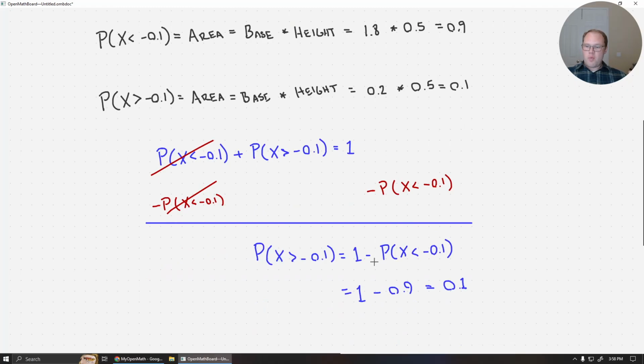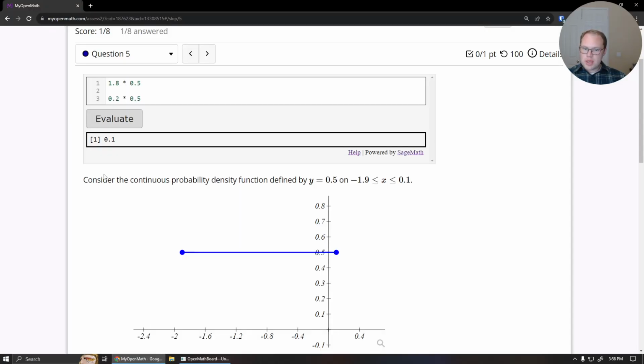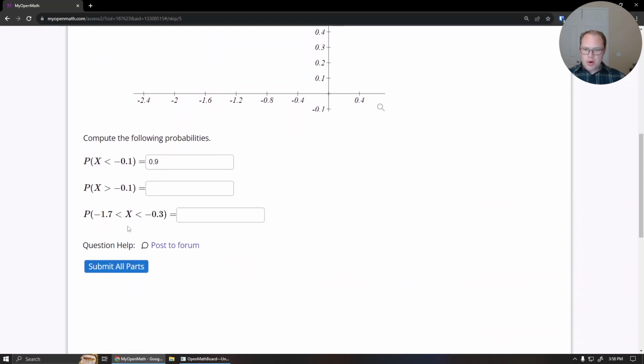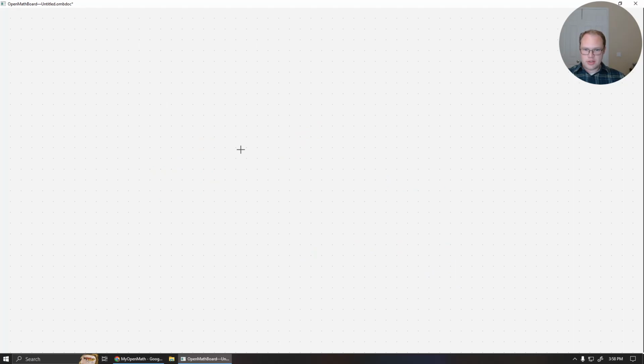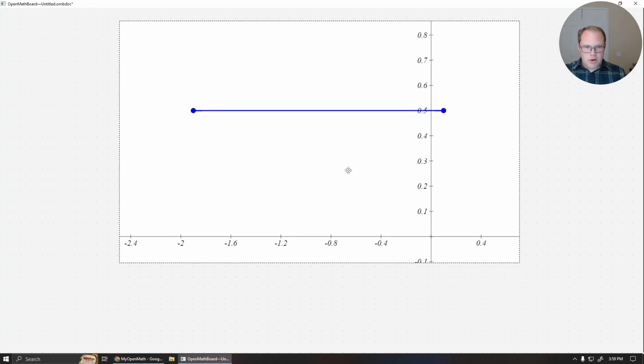We still have one more probability to calculate. We need to calculate the probability that the outcome is between negative 1.7 and negative 0.3. So let's get a fresh graph.